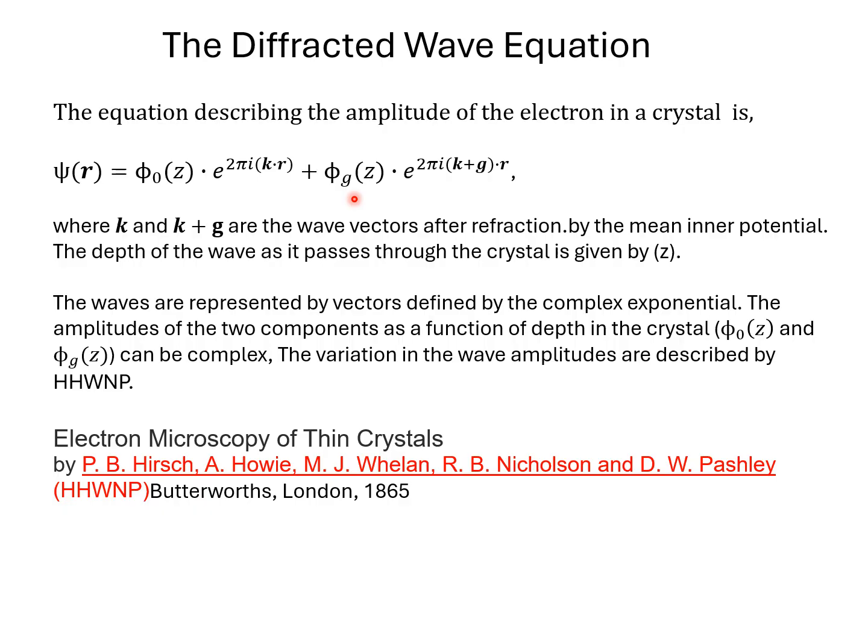So wherever you are in the crystal, you're going to be sampling a bit of both, especially if you're thinking about a column. And why are you doing that? Why would you, even though this is a direct beam, if you like, and a diffracted beam, think of them as being coupled? Because they are coupled.